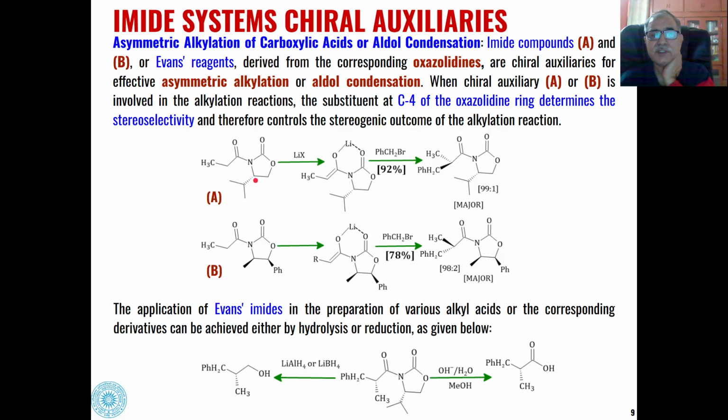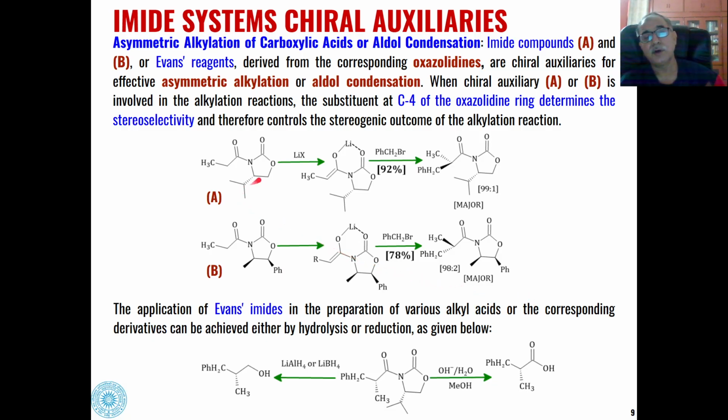So here you can see that this is an alpha bond, whereas here it is a beta bond. So depending upon the stereoselectivity at this carbon, you will get the type of product formed in these types of chiral auxiliary.